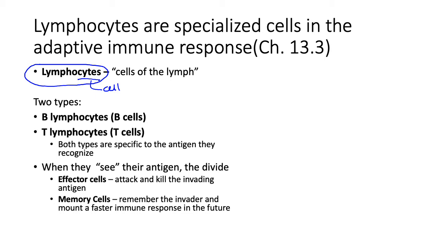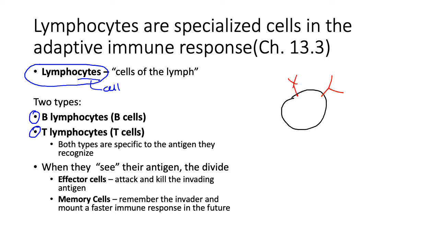There are two types of lymphocytes that we are going to talk about in this lecture: the B lymphocytes, or B cells, and the T lymphocytes, often just shortened to T cells. Both of these types are specific to the antigen they recognize. These cells have receptors that are very specific.